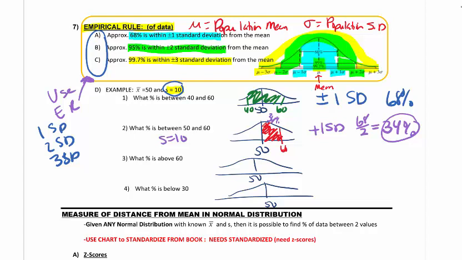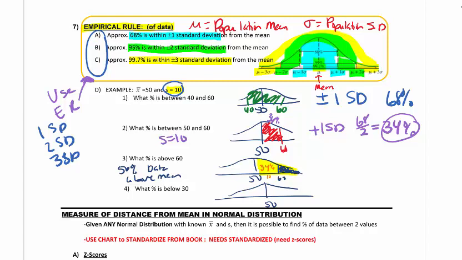So 3 says what percent is above 60? Well, we just said in number 2, because this was 1 standard deviation, that this region here was 34%. And what did I say that this whole side was a few minutes ago? 50% of the data is above the mean and below the mean.